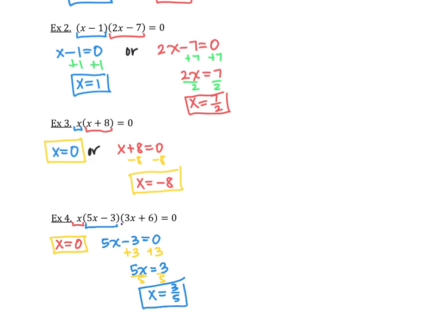But because there's another factor, it must be that there's actually three possible solutions to this equation. Negative 6 divided by 3 is negative 2. So this particular equation had three answers: x equals 0, x equals 3/5, and x equals negative 2.